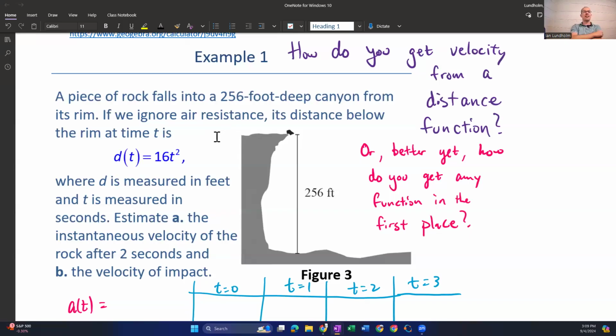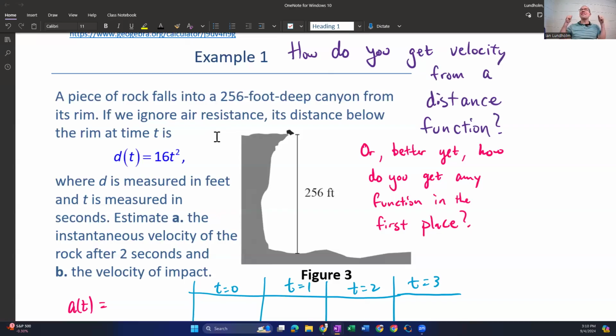This question asks us to estimate the instantaneous velocity of the rock after 2 seconds and the velocity of impact when it would hit the ground. We can look at both of those things too, hopefully. But first off, I'd like to tackle the question of how do we get this function? It's just pulled out of thin air, 16t squared.